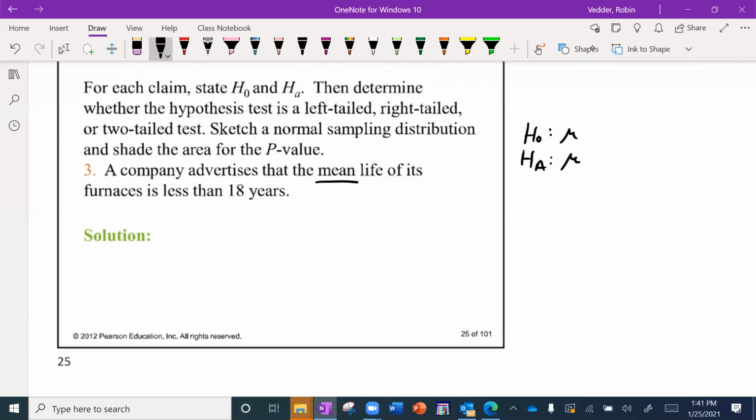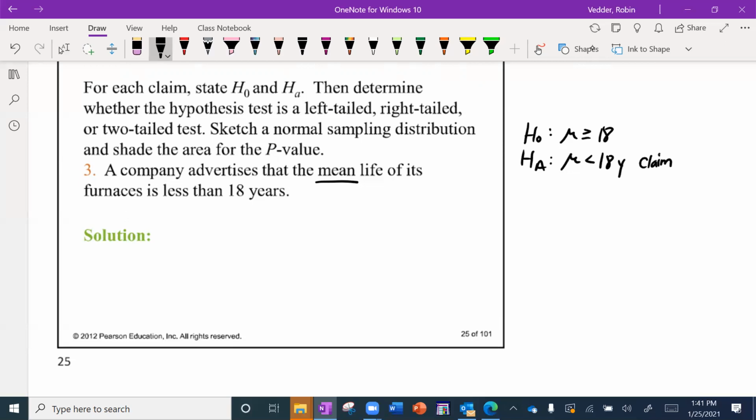Right, just the little alligator, no line under it. So should it be the null or the alternative? Alternative, good. Mu is less than 18 years. And if that's the alternative, then our null is going to be greater than or equal to 18. And I identify that this alternative is our claim.